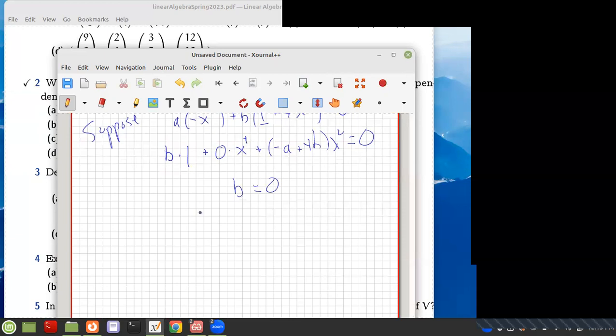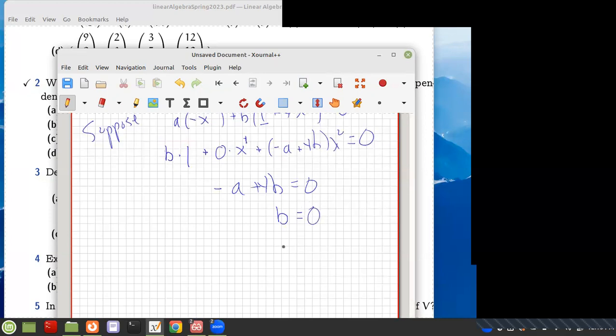Let me start from this top one here. The coefficient minus A plus 4B has to equal 0, because the right-hand side is really 0 plus 0 times 1 plus 0 times x plus 0 times x squared. And the second equation is essentially B equals 0.